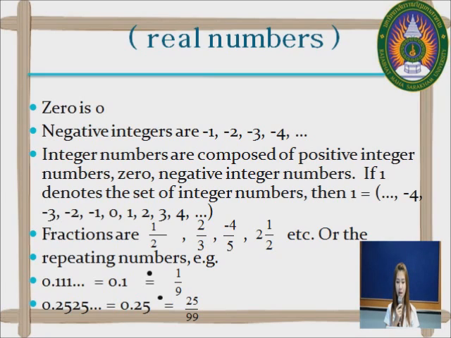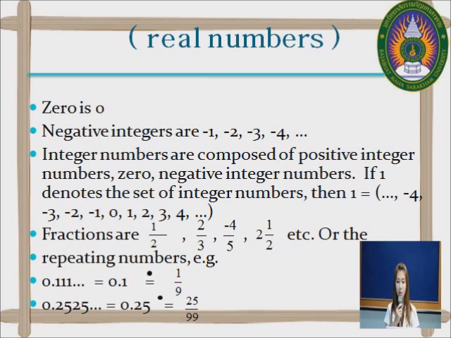Integer numbers are composed of positive integers, 0, and negative integers. If I denotes the set of integer numbers, then I equals {..., -4, -3, -2, -1, 0, 1, 2, 3, 4, ...}.